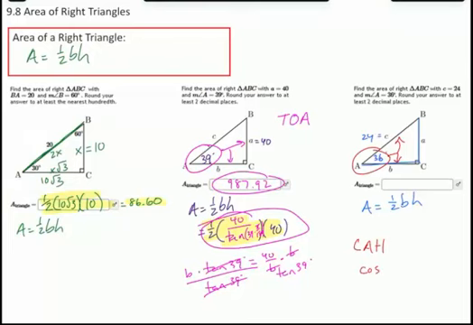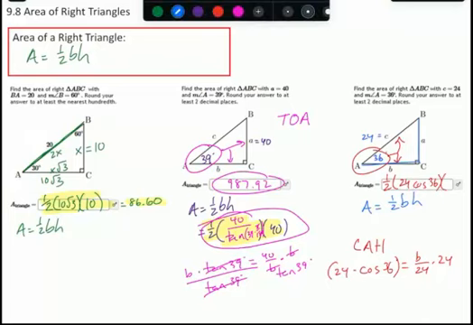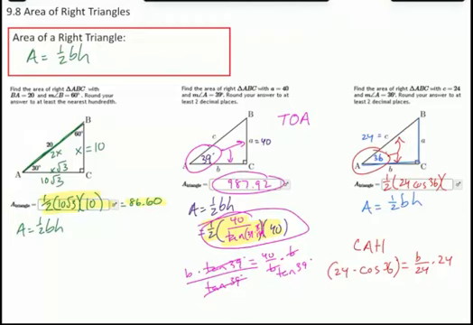Cosine. So the cosine of 36 degrees is equal to adjacent over 24. So multiply by 24. So here is your base. So we get 1/2 times 24 times the cosine of 36 degrees. And if we find our corresponding height A, we have, with respect to our angle, opposite and hypotenuse.